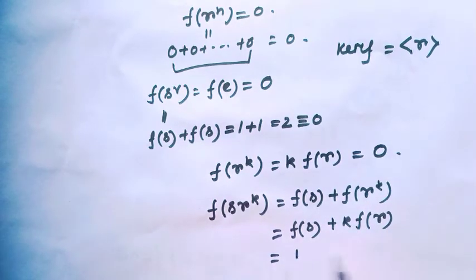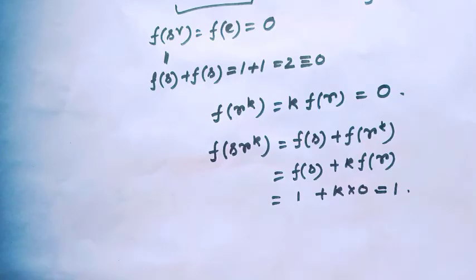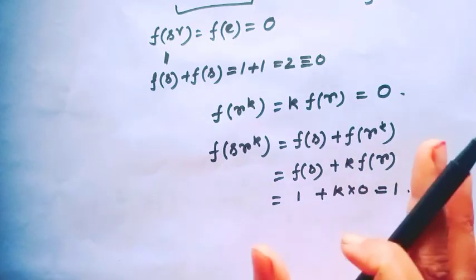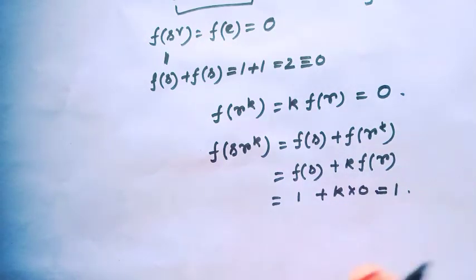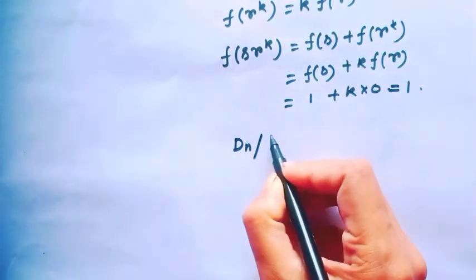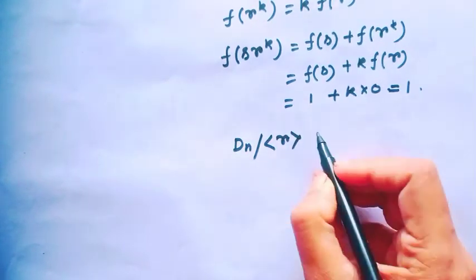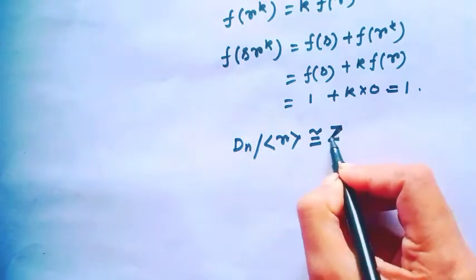This is 1 plus k times 0, which is equal to 1. That means any rotation sends to 0 and any reflection sends to 1. So by the isomorphism theorem, we can tell Dn mod the cyclic subgroup generated by r is isomorphic to the whole Z2.